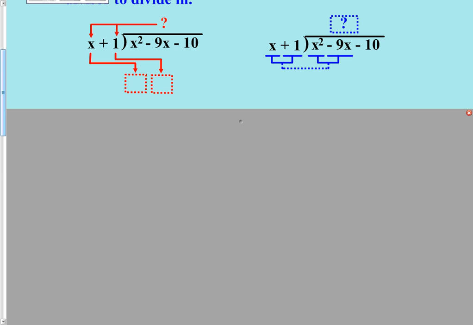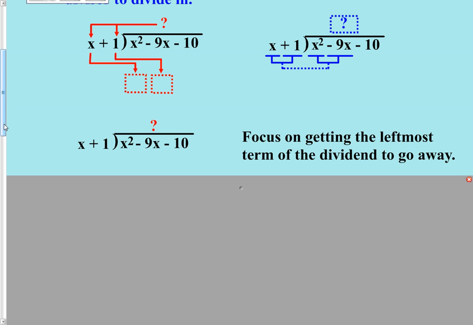Okay, let's take a look at the problem. Now our focus here is to get the leftmost term of the dividend to be eliminated. We want it to go away.